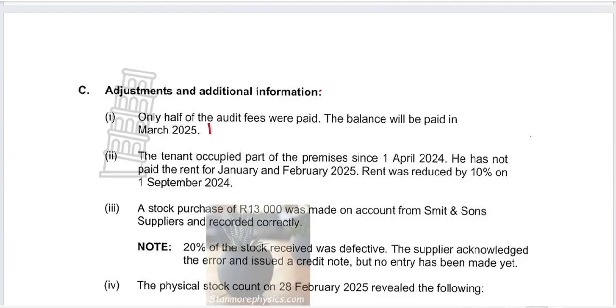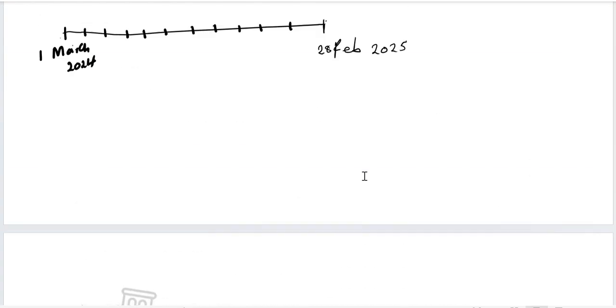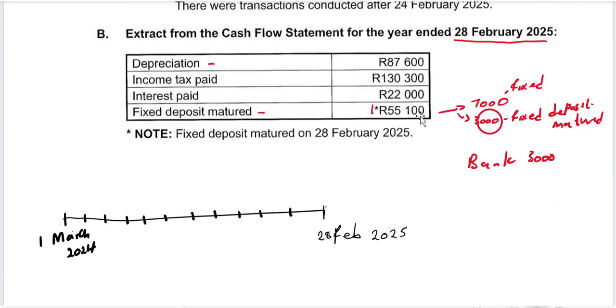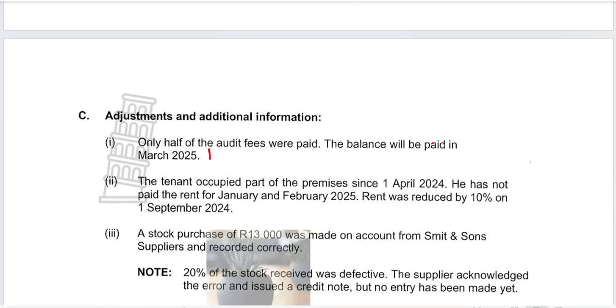Do you get me? So let's go to our audit fees. They say our audit fees is how much? Audit fees is this 45,000. Let's put a tick and show that we are done with it. I'm gonna come here and say 45,000 for audit fees, divide by. They say only half is paid. They paid 50% of it. How much are we still owing? We're still owing the 50% of it.